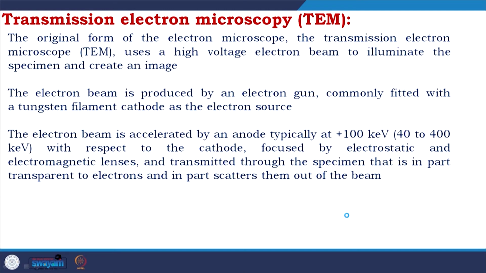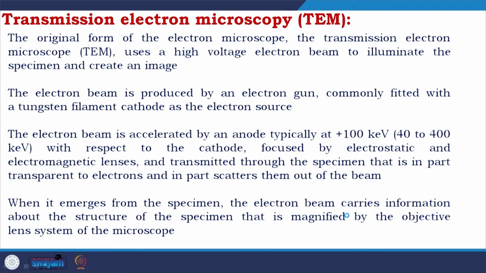So, when electrons hit matter, we talked about when light hits matter, when electrons hit matter, we also have a lot of effects. When it emerges from the specimen, the electron beam carries information about the structure of the specimen, that is magnified by the objective lens system of the microscope.